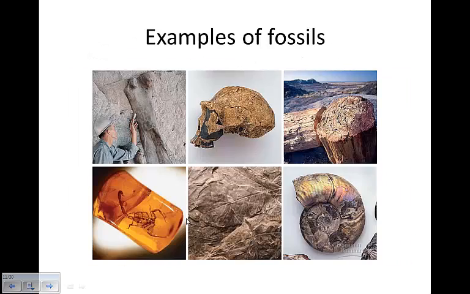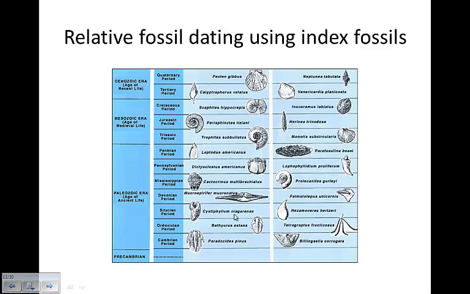And so when we look at this relative fossil dating, we use these index fossils. This is the most recent; these are the things that we're going to find at the top. And we go down here and we find trilobites and things like that in these lower levels. So we use the index fossils to compare the location or the strata where we find an unknown dated fossil.